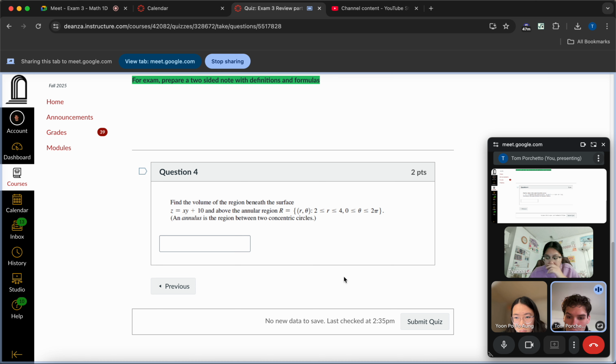So we end up with z equals xy plus 10. By substitution, we end up with r squared cosine theta sine theta plus 10, and we replace dA with r dr d theta.